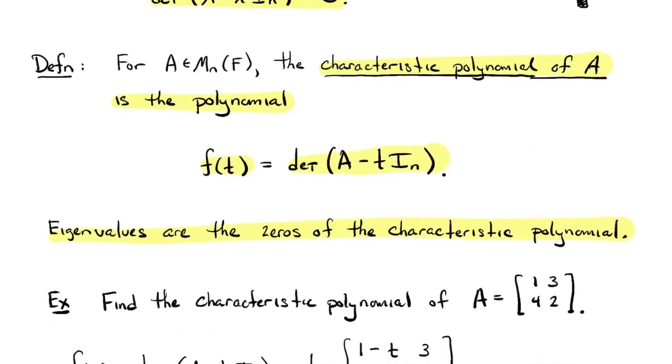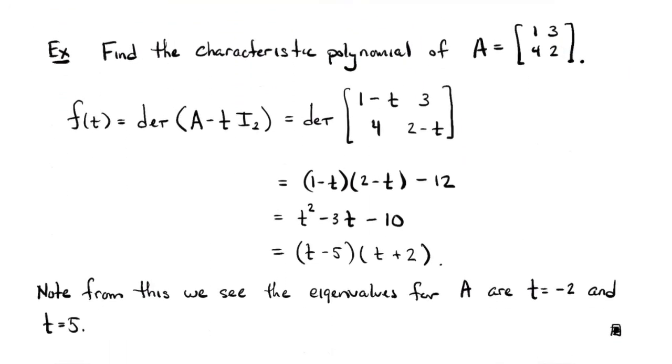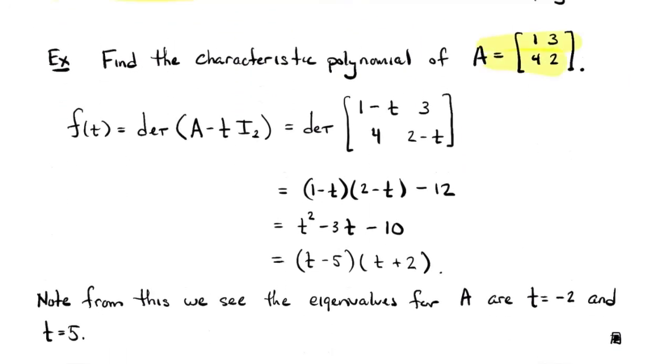Let's look at an example. Let's take this 2 by 2 matrix, 1, 3, 4, 2. I'd like to find its characteristic polynomial. Maybe it's weird that I'm calling that thing a polynomial. So I'm supposed to take the determinant of A minus t times I2. Well, t times I2 is a diagonal matrix that just has entries t on the main diagonal, right?